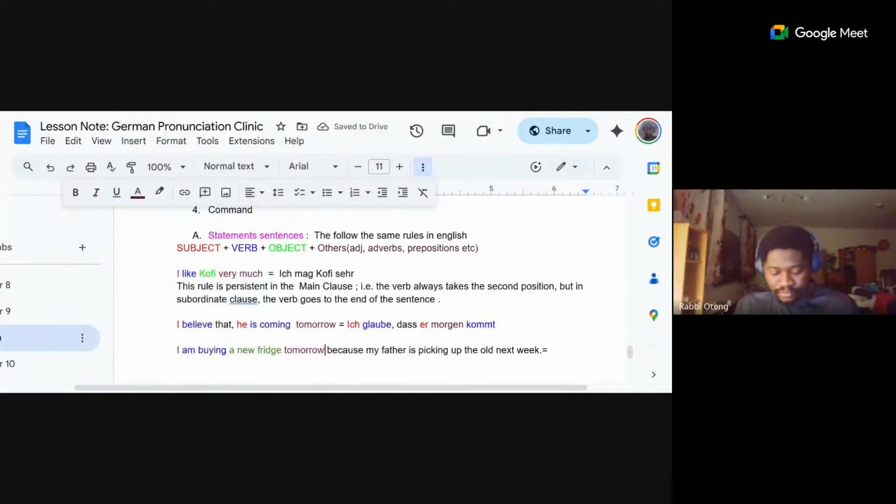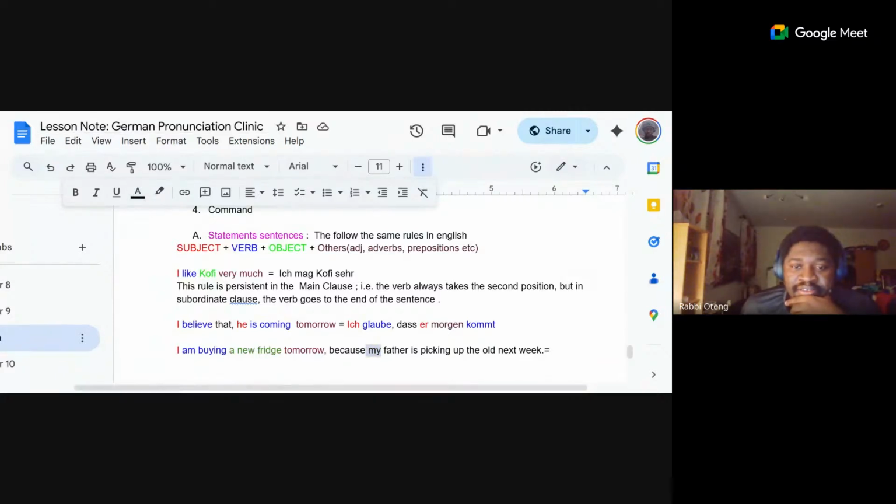Then, because my father is picking up, we have a new sentence because with the conjunction we always have a new subject. It means we have a main clause and a subordinate clause, and we get this when the two sentences have different subjects.